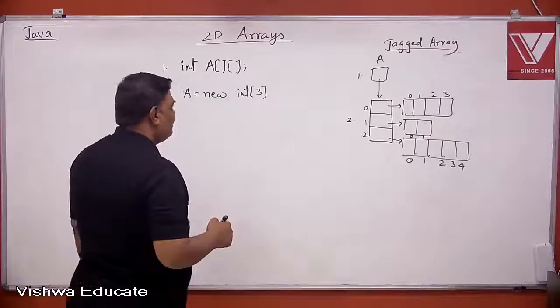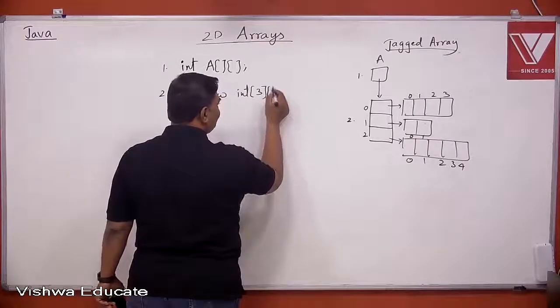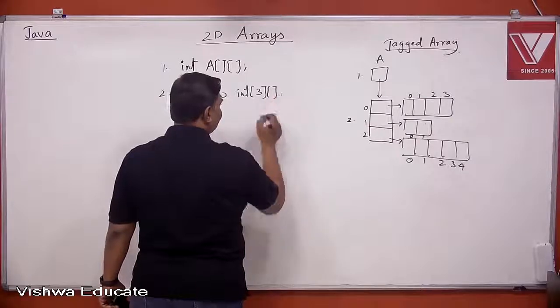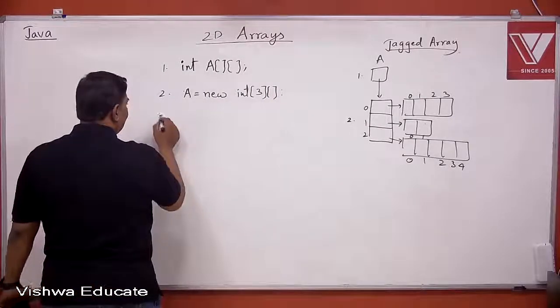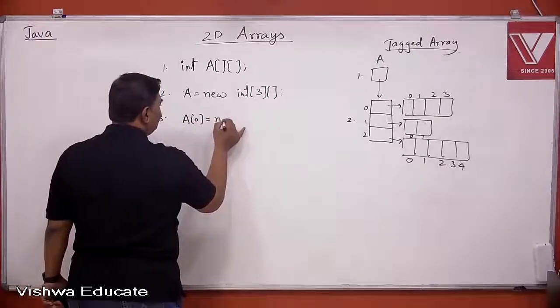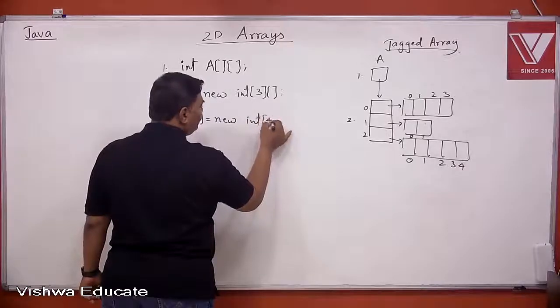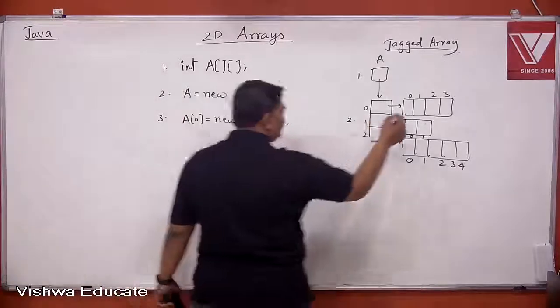Now, this is just an array of references. So I should add one more here. That is an array of references. Then third one. A of 0 assign new int of size, first one is what? 4. So this one is created.